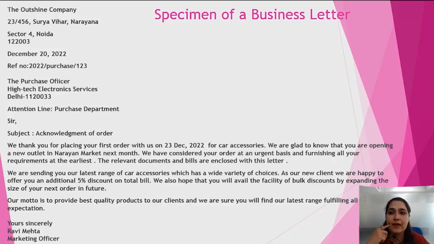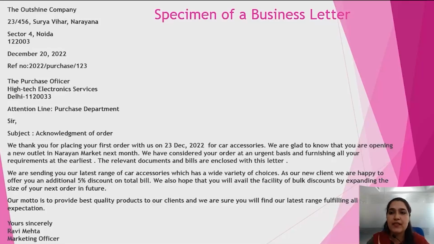So all that will come in a block here, in this top part, which is known as the header of the company. Now you can see how the address is written in 3 lines, then a line space and the date, then again a line space, reference number. Now this reference number is for future correspondence.